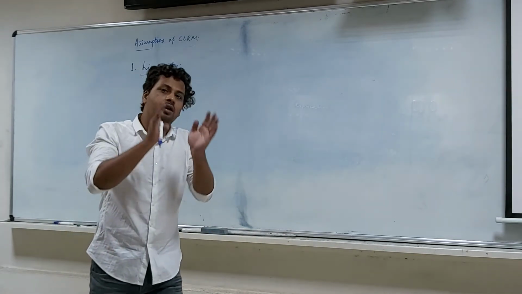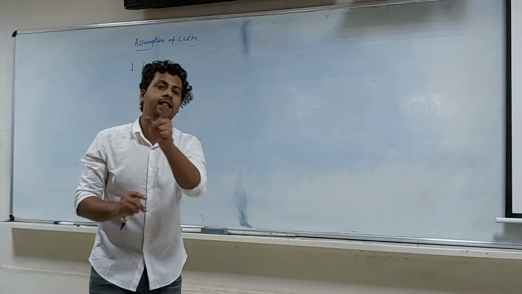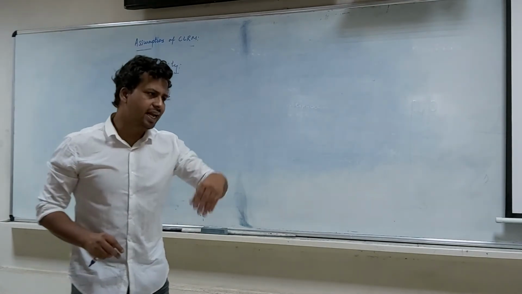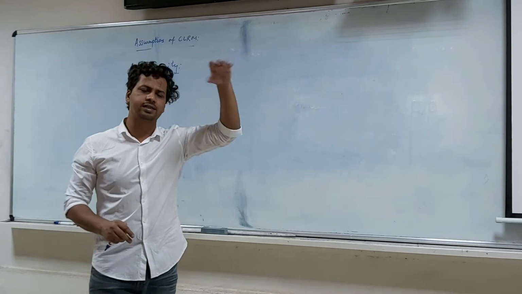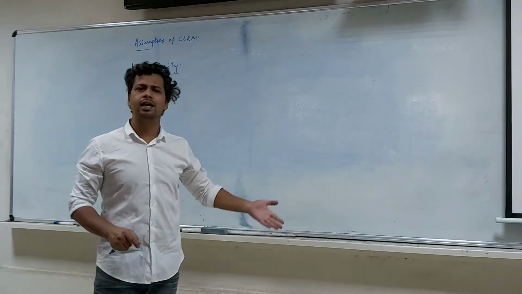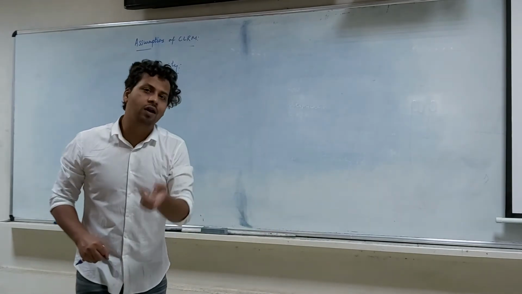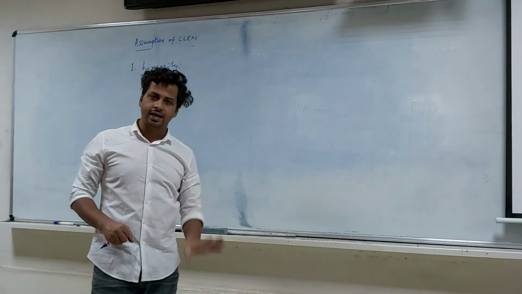Linearity does not refer to the relationship between y and x. X can be x1 squared, x can be log of x, x can be cos of x, x can be sine of x. Similarly, y can be log of x. So linearity does not talk about the relationship between y and x.